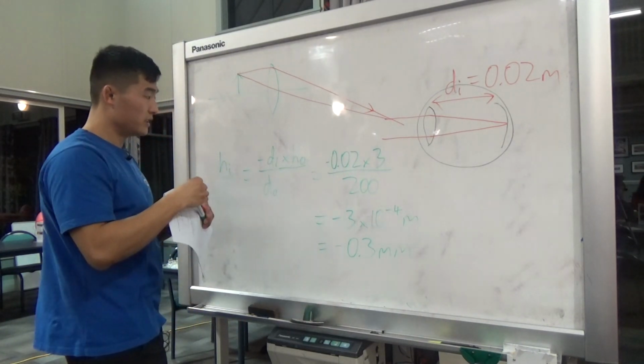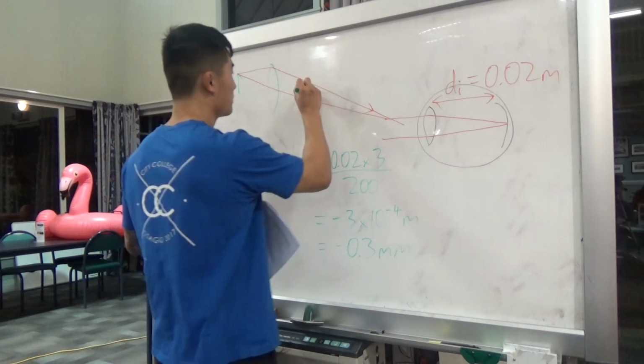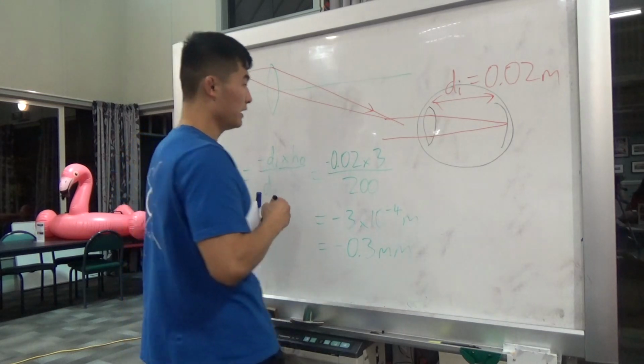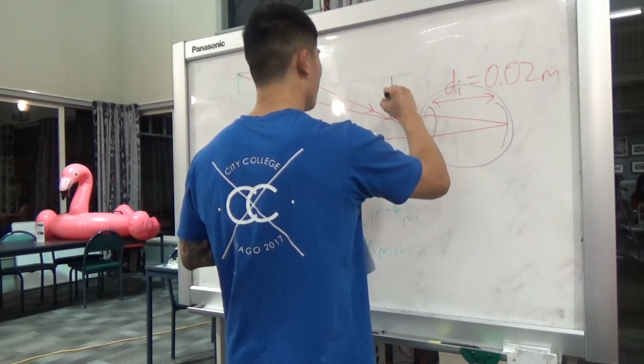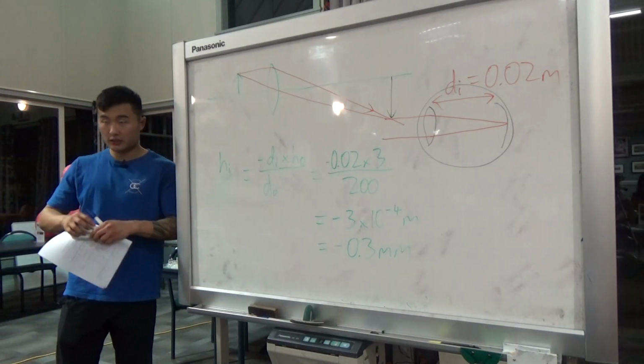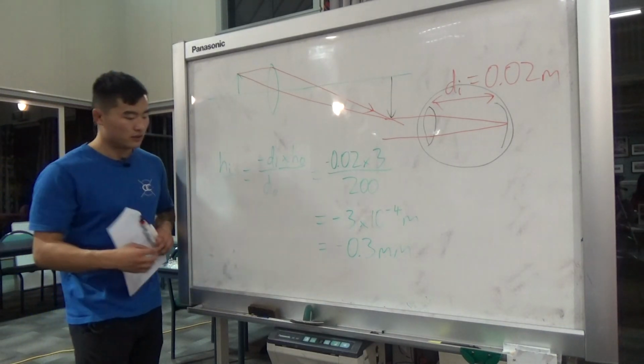So a real image will always be inverted, okay? And a virtual image is always upright.